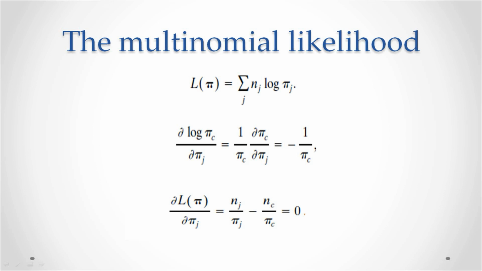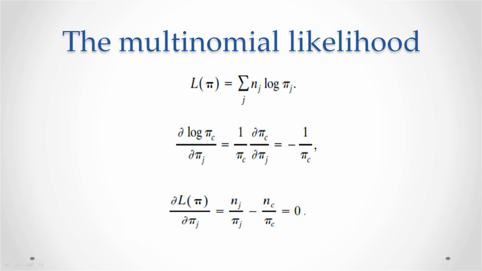If we assume that we have C categories, then the log likelihood is given by L(pi) equal to summation over j of nj log pi j, where pi 1, pi 2 to pi c are the probabilities of belonging to the C categories respectively, and summation of pi j is equal to 1.